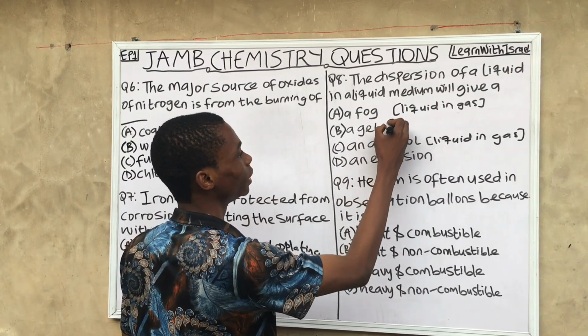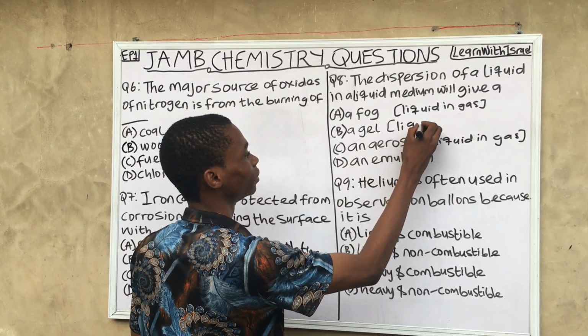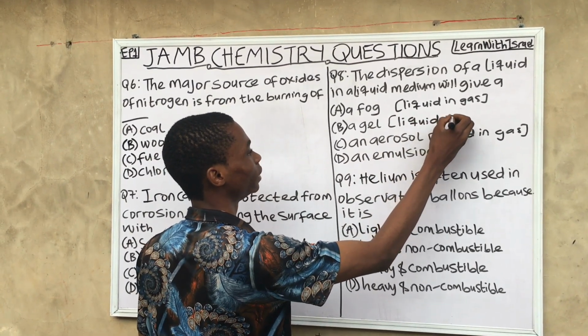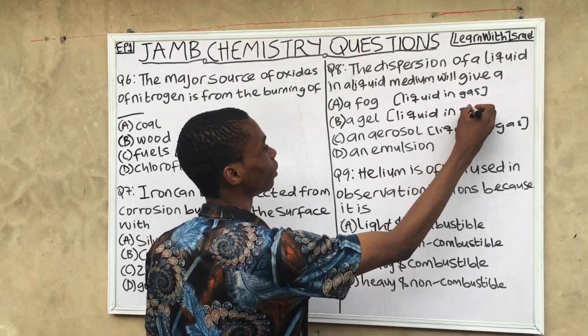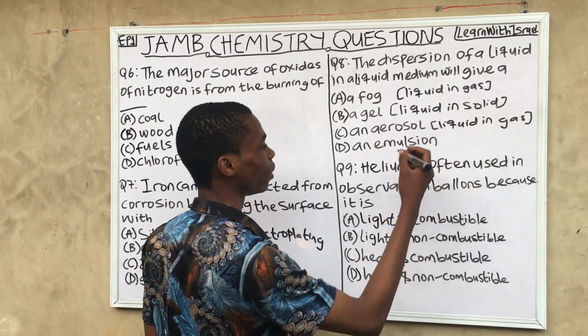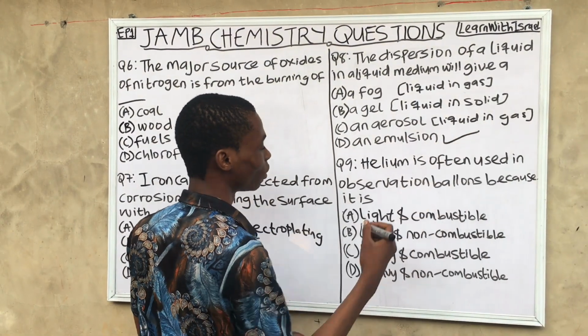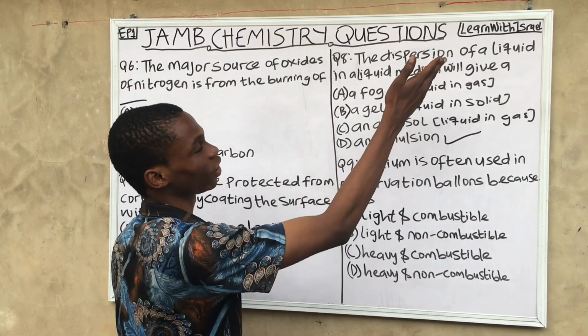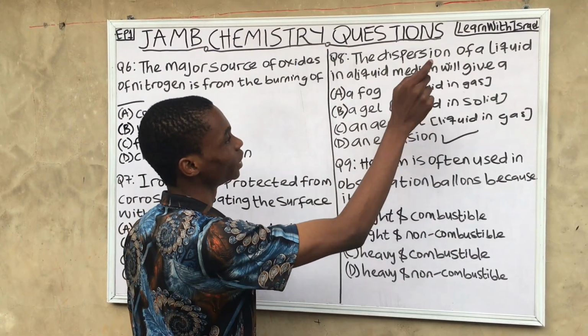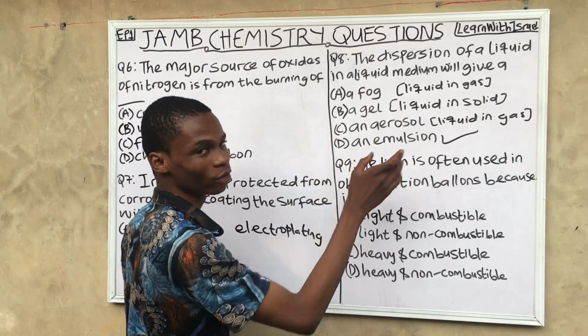Gel is liquid in solid. Gel can be found in hair cream. While emulsion can be found in paint, it is liquid in liquid, which is the correct answer. So the dispersion of a liquid in a liquid medium will give an emulsion.